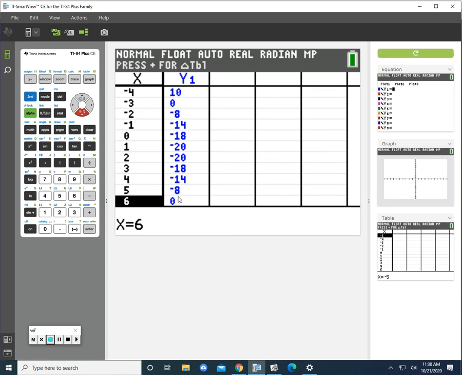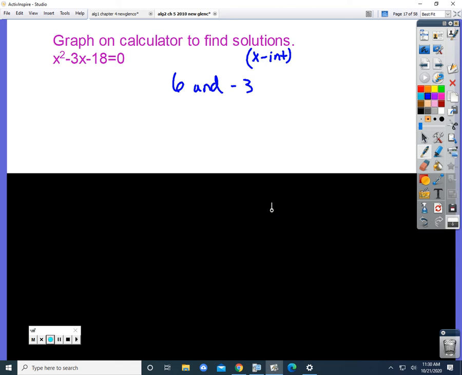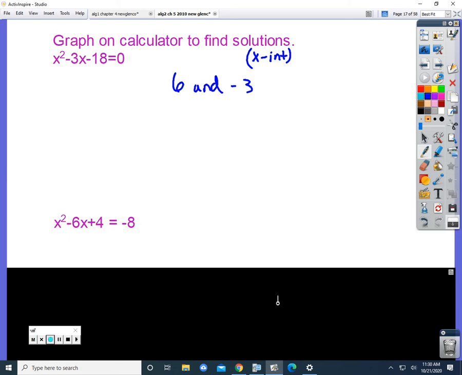Where are the zeros on the y? And so that is your solutions: 6 and -3 is your answer for that one. So let's go back over here. So we're going to say 6 and -3. Those are my two solutions for x squared minus 3x minus 18. Really easy, but you really need to get that concept down as to what's going on here.